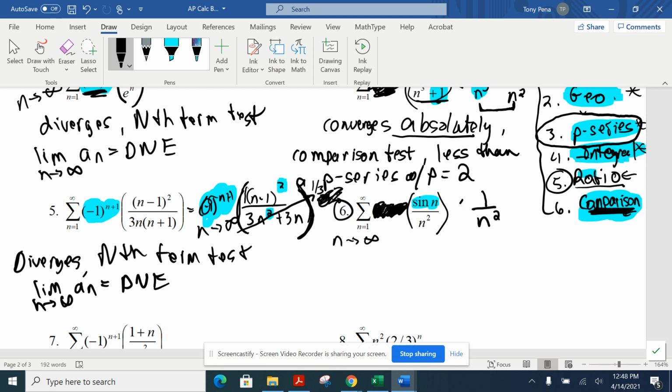So isn't this series always less than? And remember, we can also say equal to. So as long as it's less than or equal to, wouldn't this always give us values that are less than or equal to a convergent p-series? So this one does converge, and it's a comparison test.